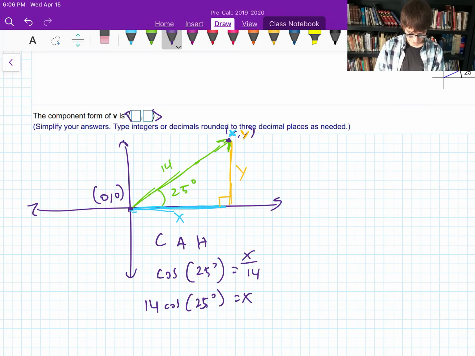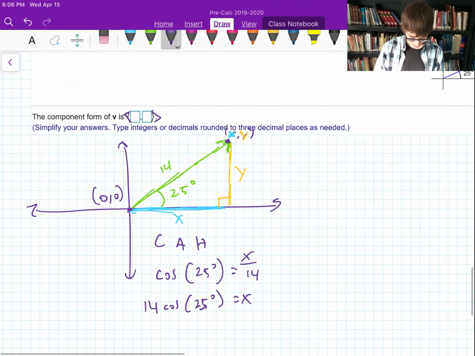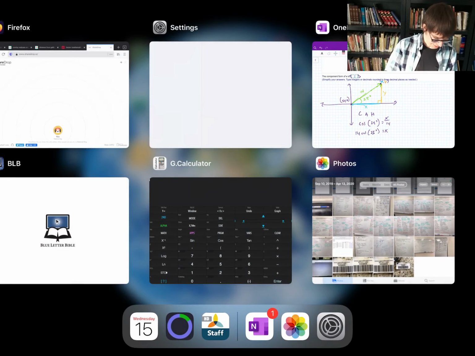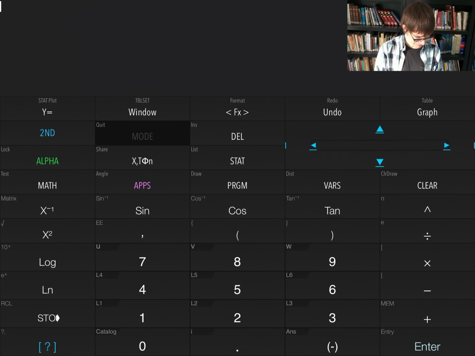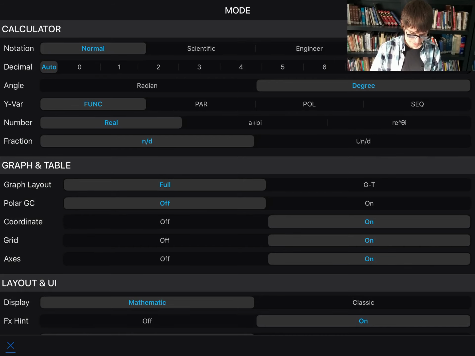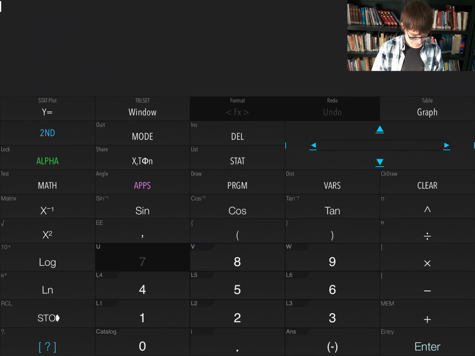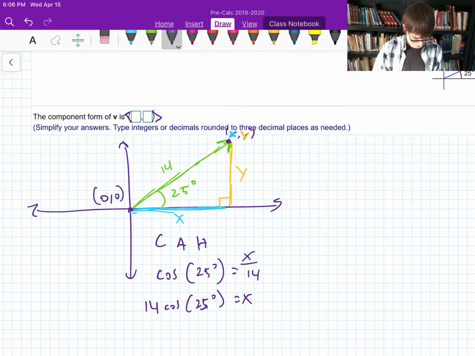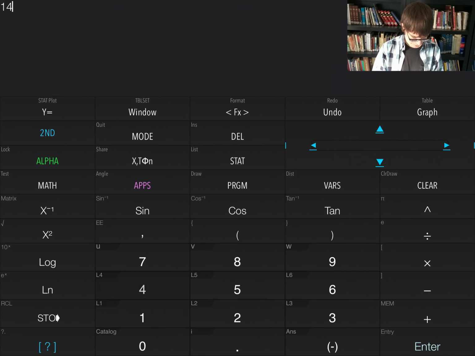Let's see if I can find my calculator. There it is. I want to make sure that I'm in degree mode. Yes, I'm in degree mode. That's important. And we had 14 cosine 25, so 14 times the cosine of 25 degrees.